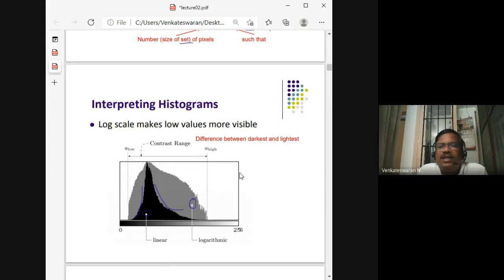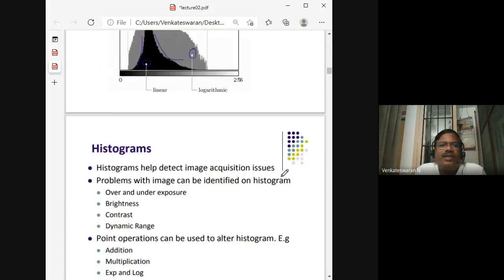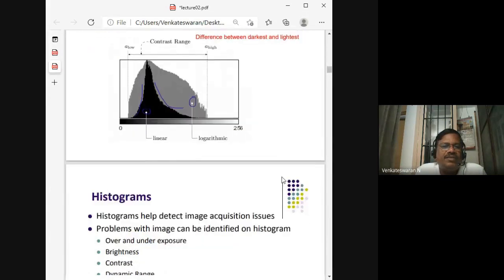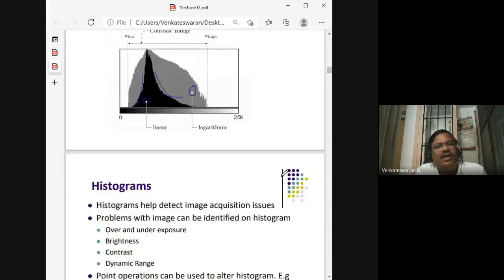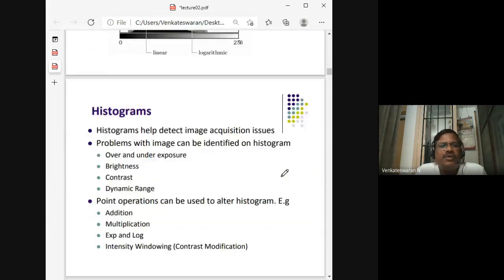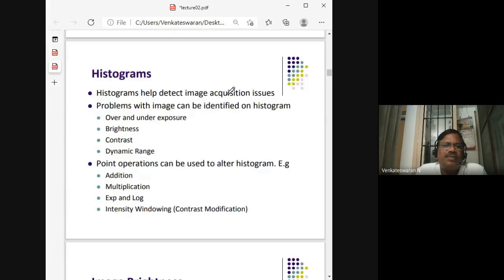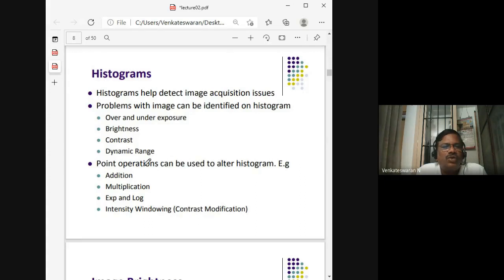A linear scale image is like this. So one has to use what is called the linearity of this range in these histograms. Histograms help detect image acquisition issues, whether it is overexposed or underexposed, whether it is high brightness or high contrast or low contrast.